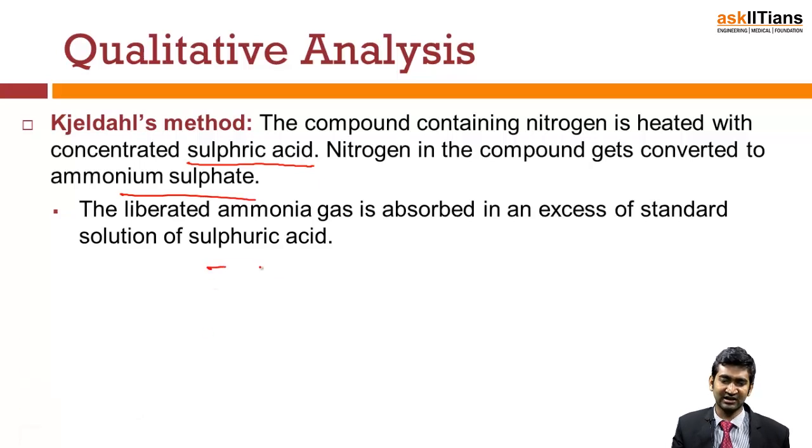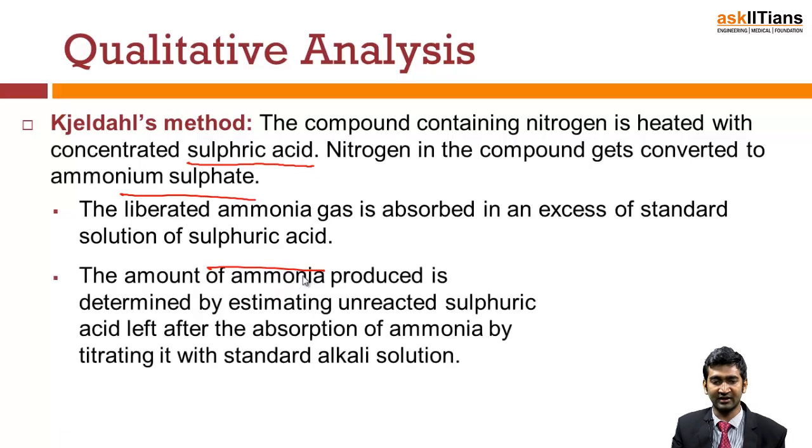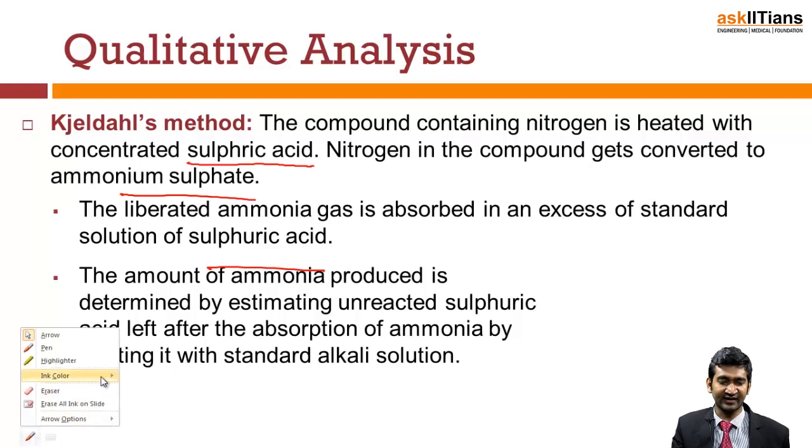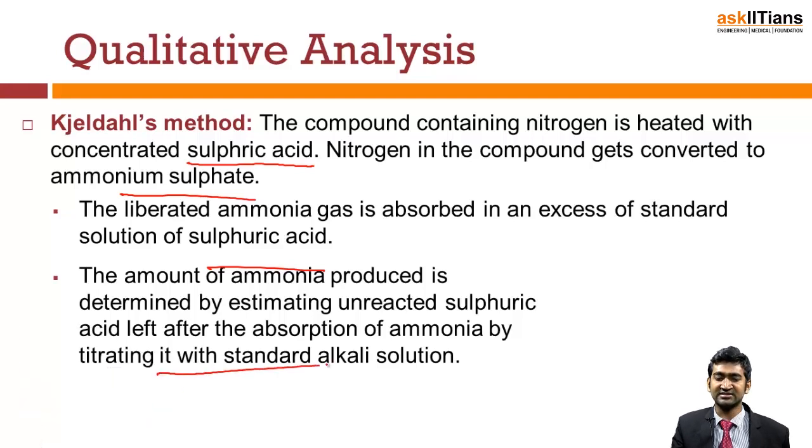Then we can detect it by a titration experiment, using various indicators to find out the equivalence point that has been achieved, and now I can say what the mass of the nitrogen compound was.